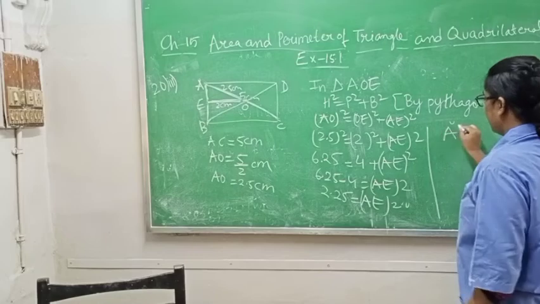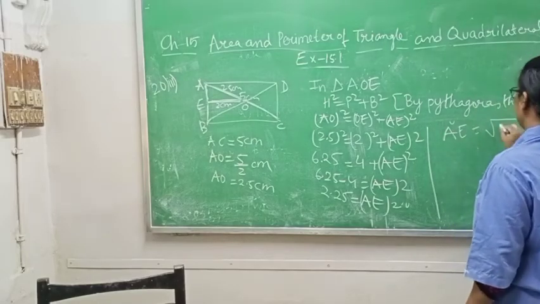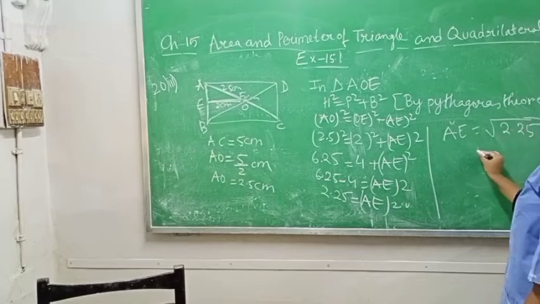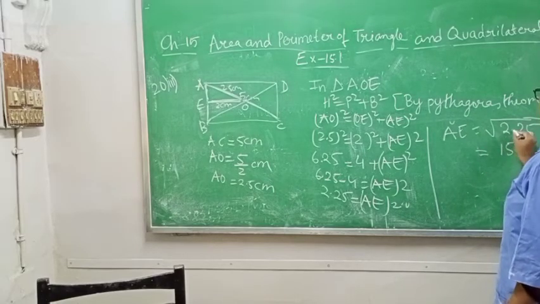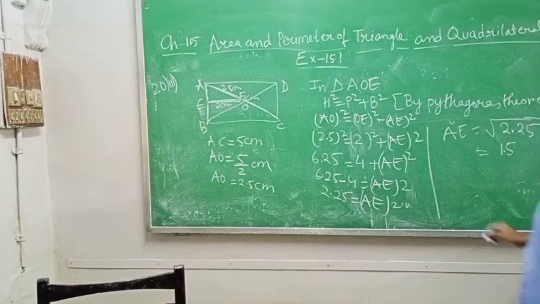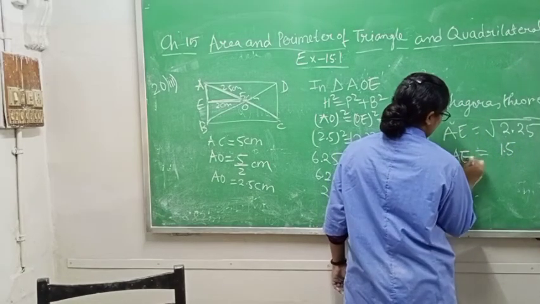Now AE, you will write, this root will come, and you know the root of 225 is 15, and give 1 point after 1 digit, because here when you are taking the square root, if there are 2 digits and before that 2 digits we have a decimal, when we do the root we will give that point before 1 digit. So AE is this.